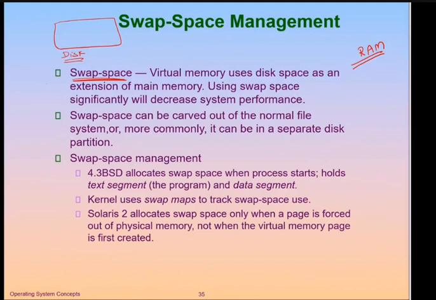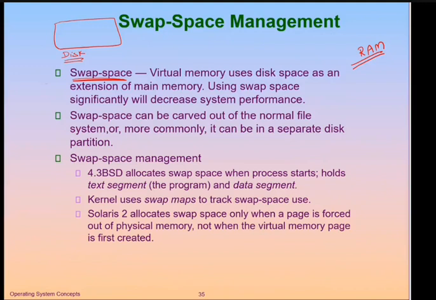Using swap space significantly decreases the system performance. Why? Because swap space is nothing but a space in the hard disk, and the more you use the swap space, the more you increase the disk accesses. And we have already seen in the last lecture that disk accesses are a very time consuming job, right? So actually you are decreasing system performance.